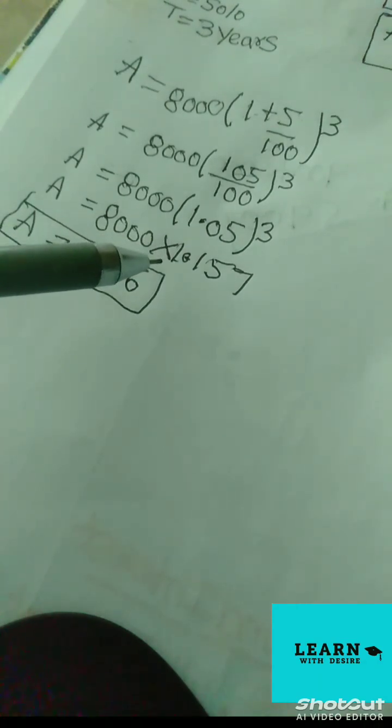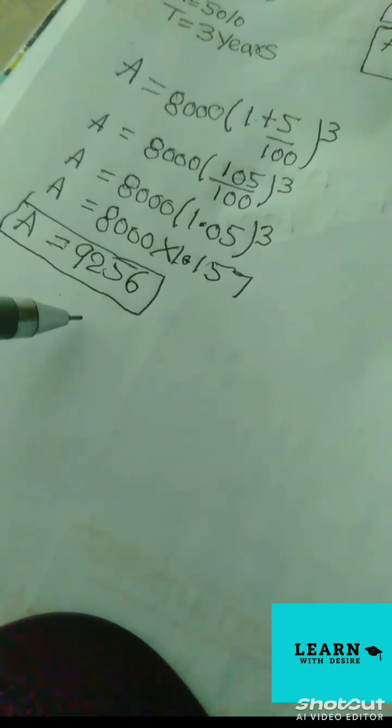After getting the value 1.05, we have to cube the value, that is 3 times, that is 1.05 into 1.05 into 1.05. If we cube the value, we get the final answer, that is 1.157.